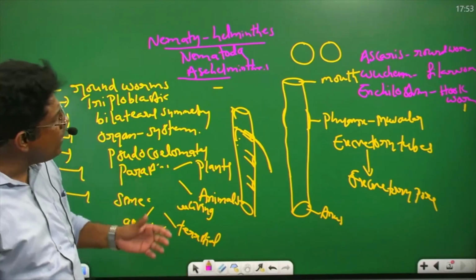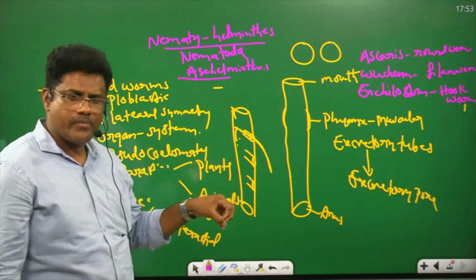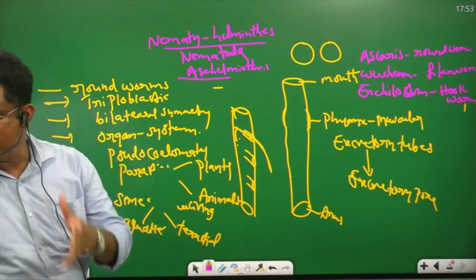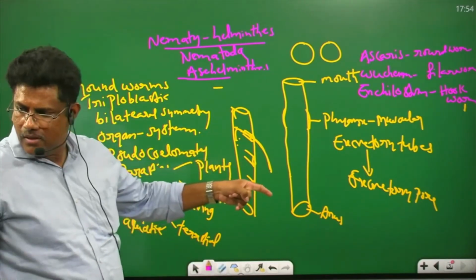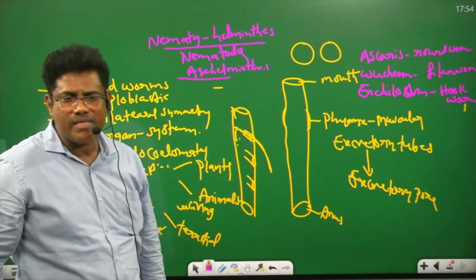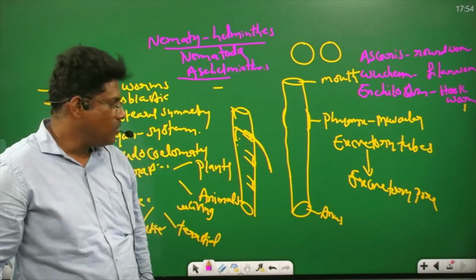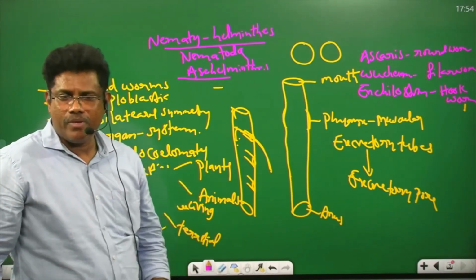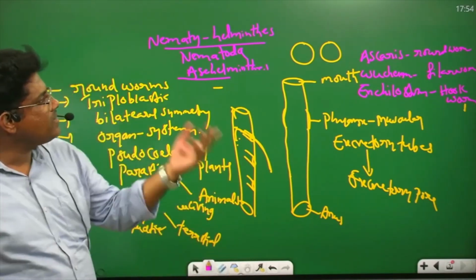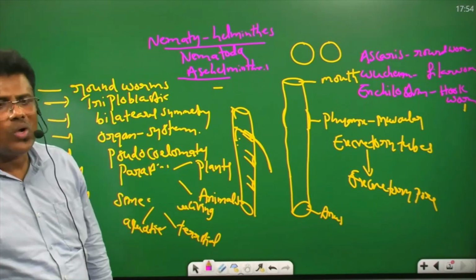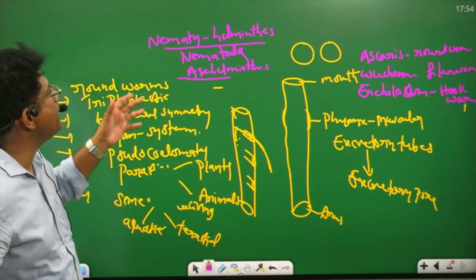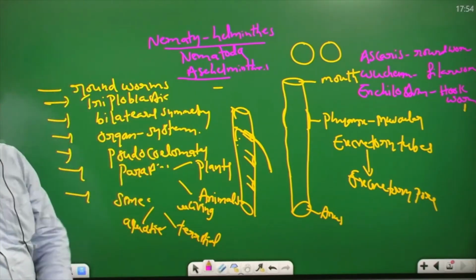Fertilization is internal. First time a complete gut is formed, mouth with anus, and in the alimentary canal a muscular pharynx is there. Excretion occurs through excretory tubes and pores. Examples: Ascaris, roundworm; Wuchereria, filaria worm; Ancylostoma, hookworm. Now we have completed the nematohelminthes, nematoda.